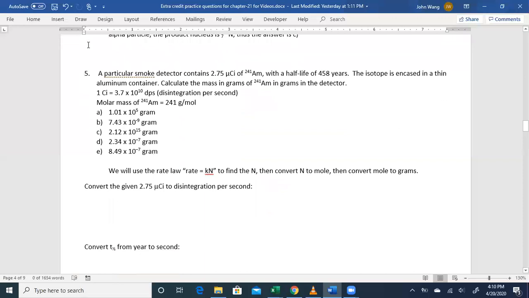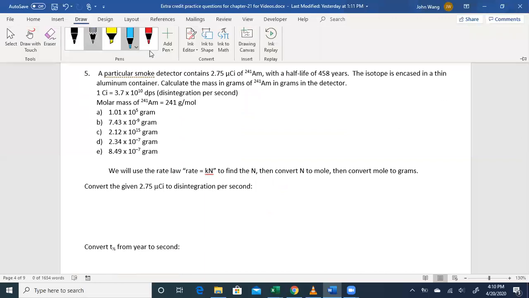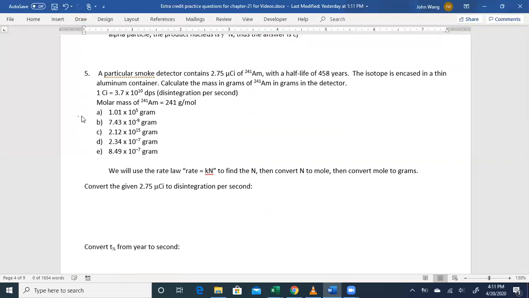All right. So the next question is, let's say a particular smoke detector contains this much radioactive decay rate of americium-241, with a half-life of 458 years, and the isotope is encased in a thin aluminum container.